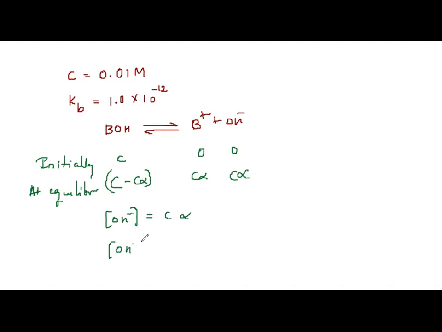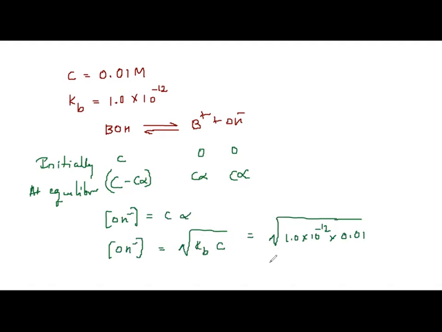Find it. OH minus ion concentration is equal to root of Kb into C. That is equal to what? Root of 1.0 into 10 raised to minus 12 into what is C? 0.01. Is that right? That is nothing but 10 raised to minus 2.